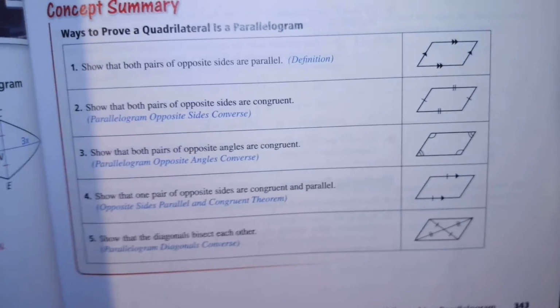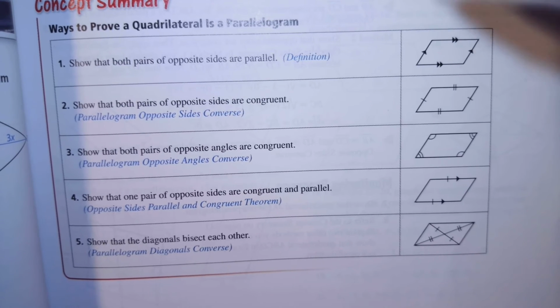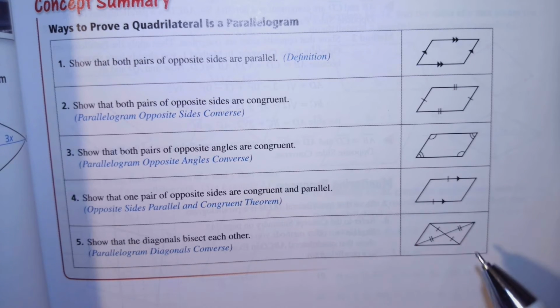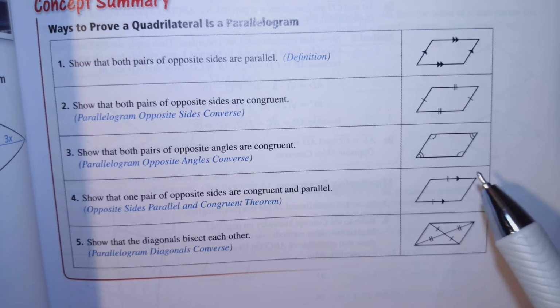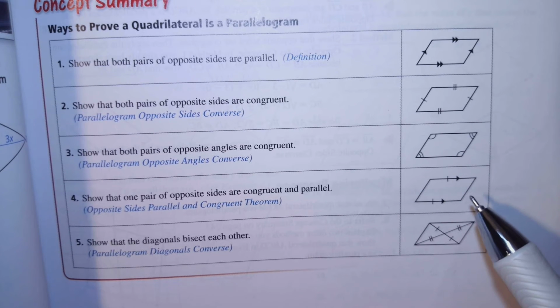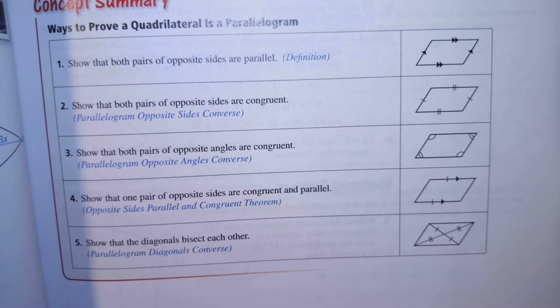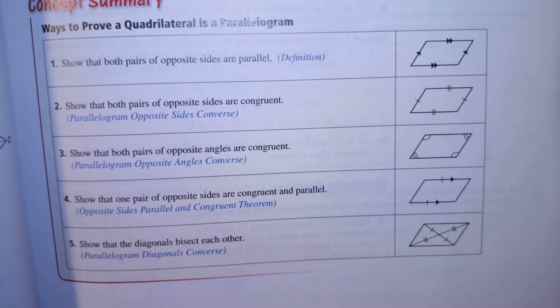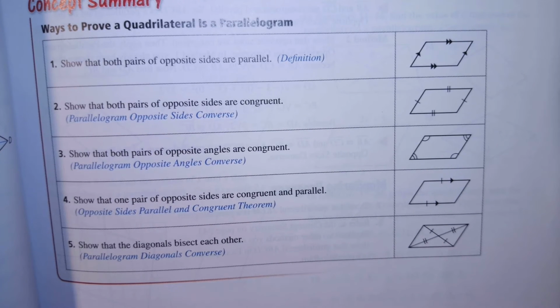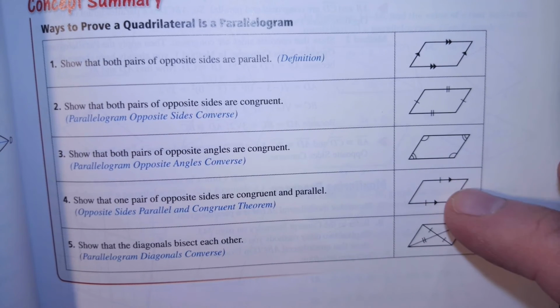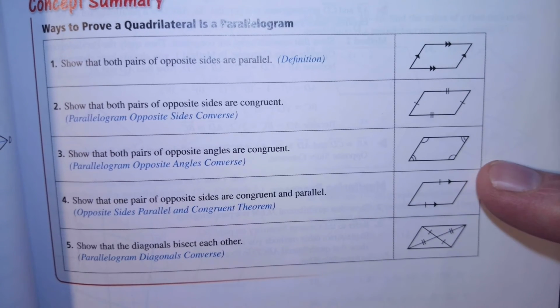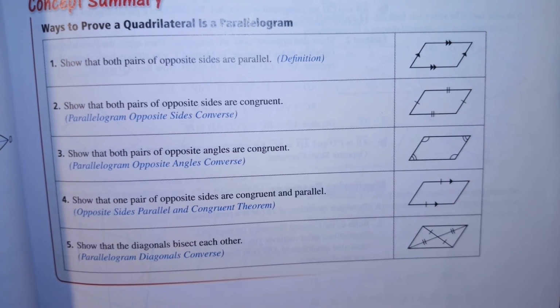It basically covers all the different ways you can prove it. Show the diagonals bisect each other, show that one pair of opposite sides are congruent and parallel also works. On 342 there are two more theorems: the opposite side parallel and congruent theorem, which is this one, and the parallel diagonals converse, which is this one. This is a good little list that cuts it down to the basics.